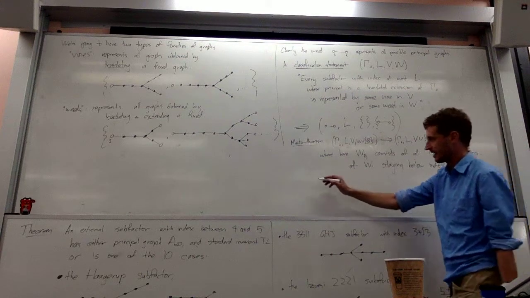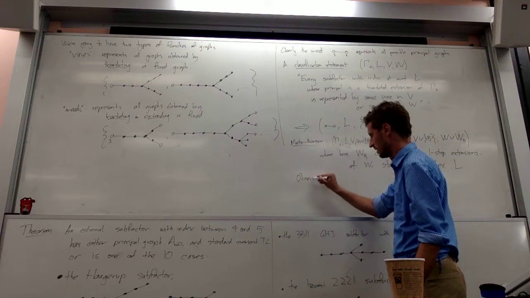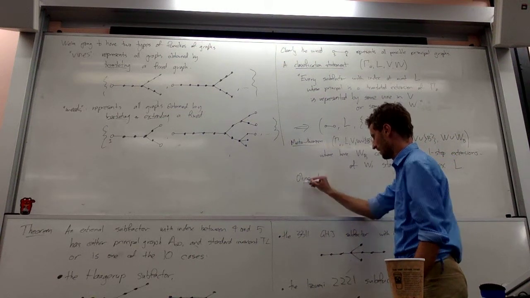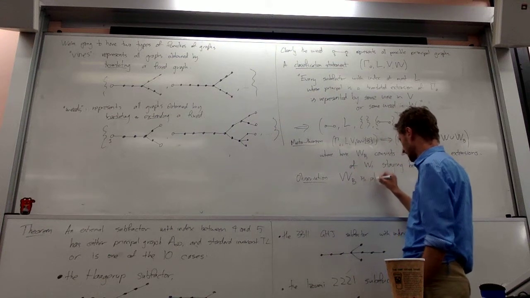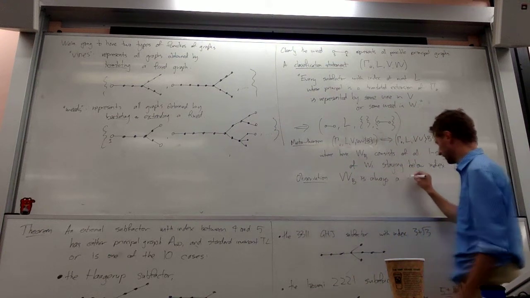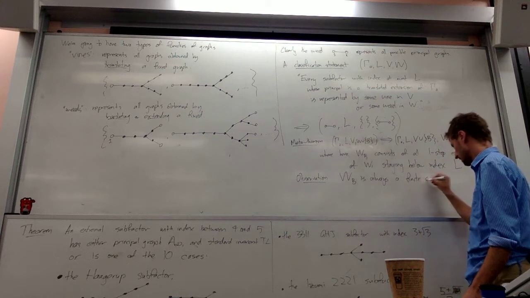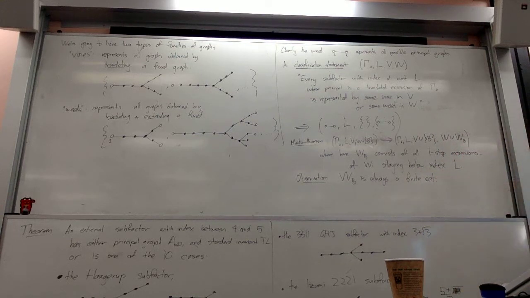And then the great observation is that WB is always a finite set. And better than that, it's a finite set which you can quite efficiently write out. So why is it a finite set?